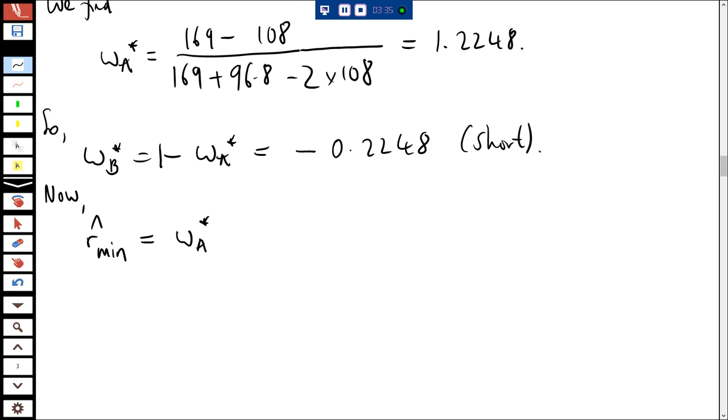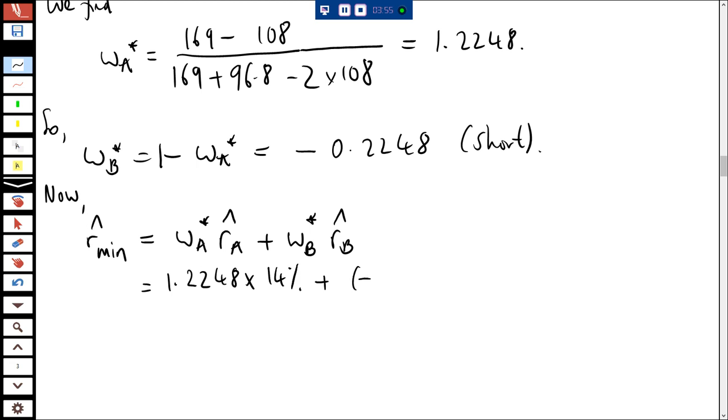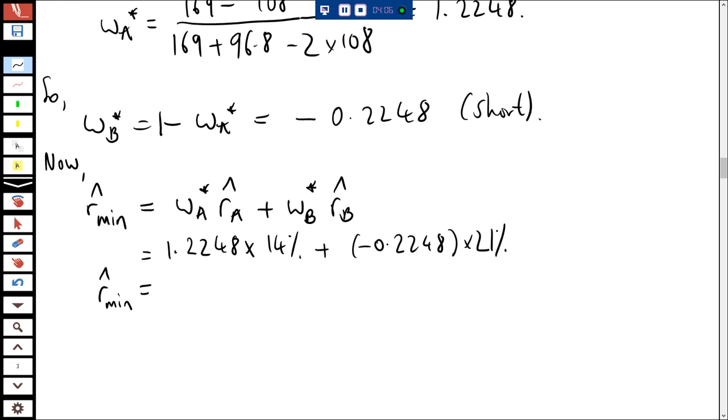It's the weight of stock A, the return on A, the weight on stock B, the return on B, and if we drop those in, we get, let's see, that goes into the calculator. By my calculation, 12.4264%.